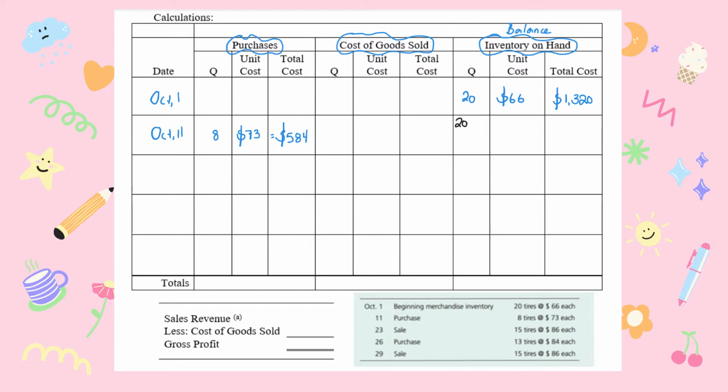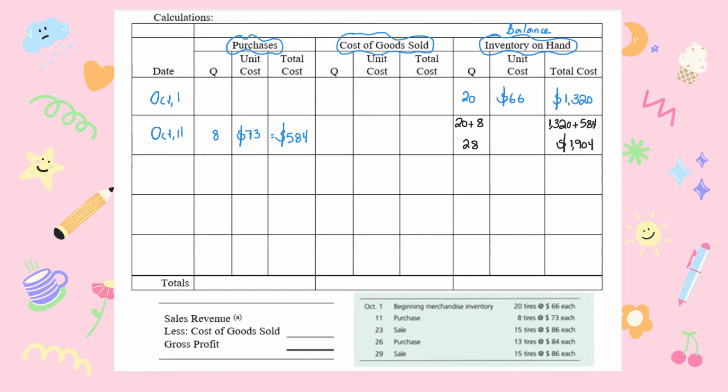I had 20, I purchased 8, so I have 28 in total. The total cost for the 20 units was 1,320. The total cost for the 8 units was 584. So we're gonna add them up. It's gonna be 1,904.